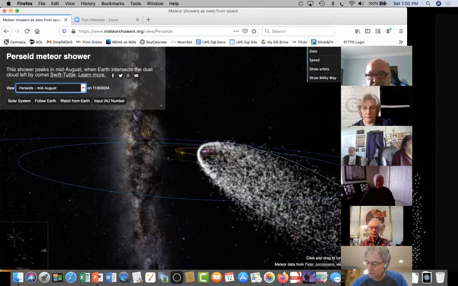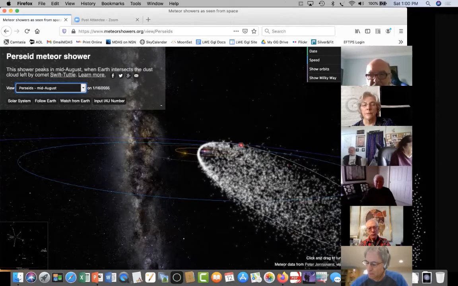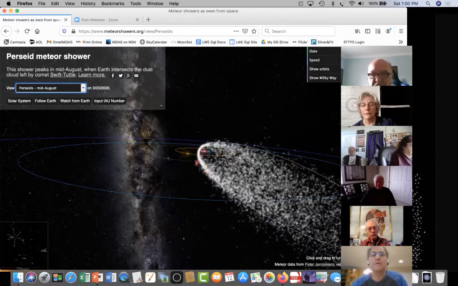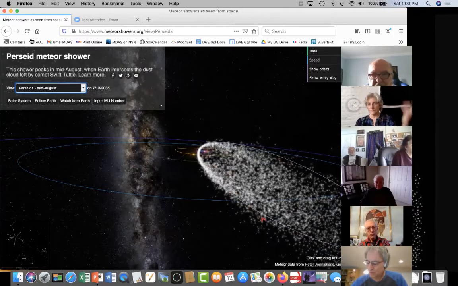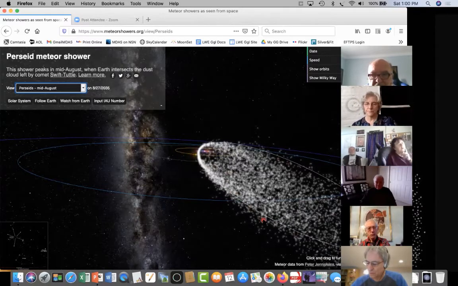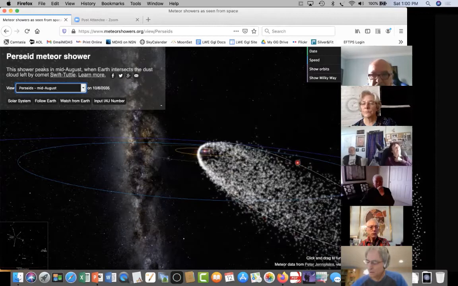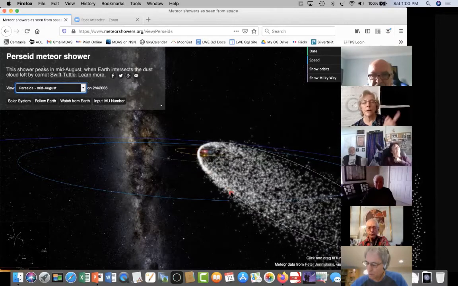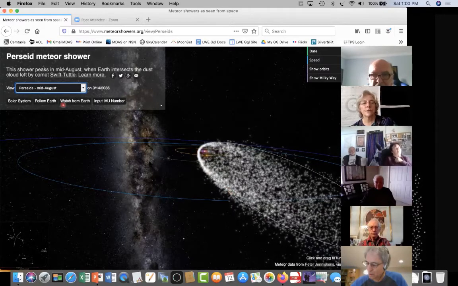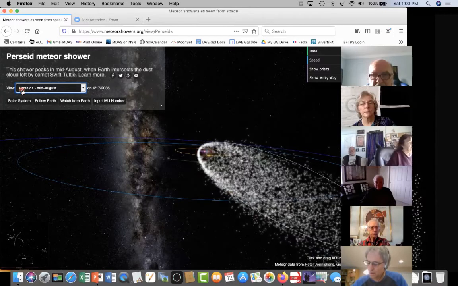And then you can see which direction it's flowing, because this is all the debris that it leaves behind as it comes into the inner solar system and then back out again from the tail that comes out of it. And all that debris is still in orbit around the sun. So this is from the Perseids here.